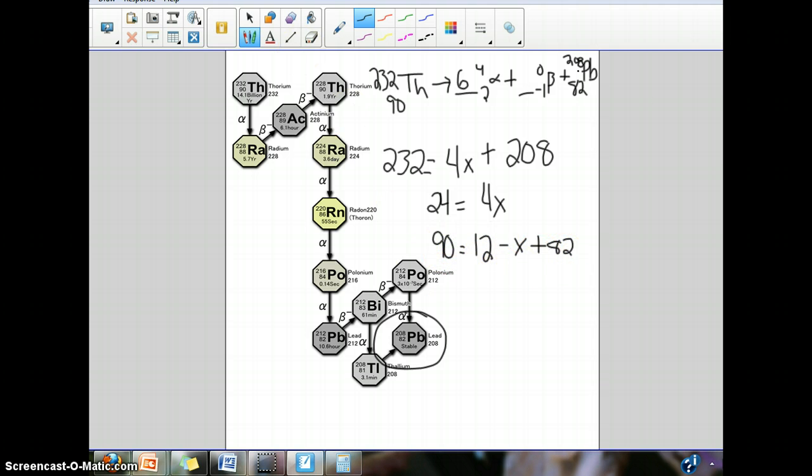Okay, so let's figure out what that is. All right, -4 equals -x. Then we can just change our sign, so it tells us we have 4 beta decays total. Okay, and that would be 1, 2, 3, 4 if you went this way, or 1, 2, 3, 4 if you went that way. Okay, so either way, this is the balanced equation, no matter which way you go down here. Okay, they both work.